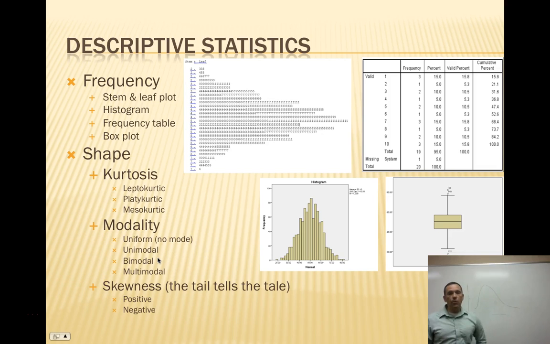So if I were to say, I collected my sample, I checked the descriptive statistics, specifically the shape, and I have a leptokurtic, unimodal, negative skewed distribution, you should be able to picture in your mind what shape that distribution might look like. That's what we're trying to get at, because at some point you're going to have to use this to describe your data, all of which have implications that we'll talk about further when we get to the face-to-face section.